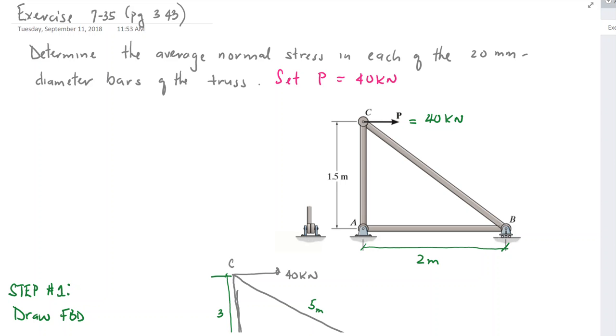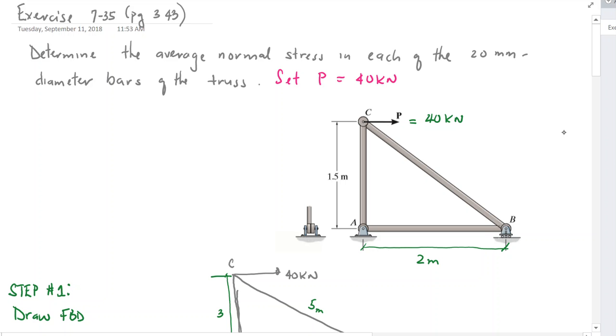So 7-35 tells us that we are to determine the average normal stress in each of the members of this particular truss. It tells us that the diameter is 20 millimeters, and we are to set our horizontal force P to 40 kilonewtons.